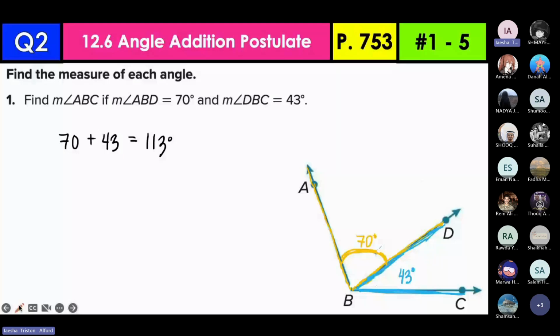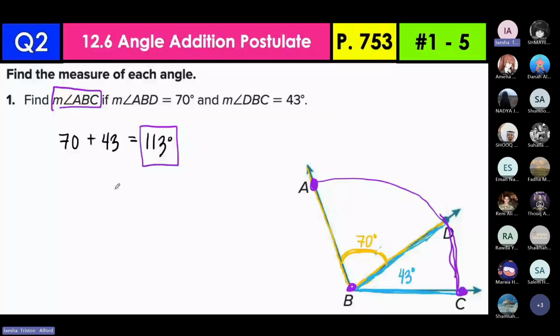Because they want the measure of angle ABC, from A to B to C. They want the whole thing here.